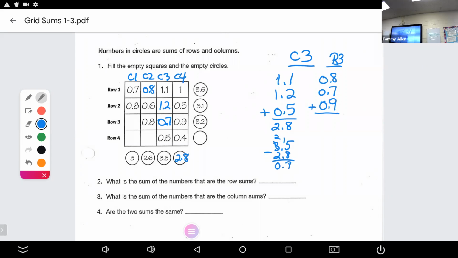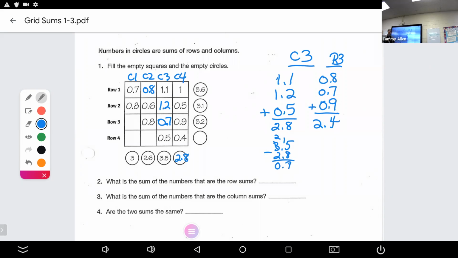Eli, what'd you get? 2 and 4 tenths? Anybody get 2 and 4 tenths? Only a couple of people? 2 and 4 tenths? That's correct.